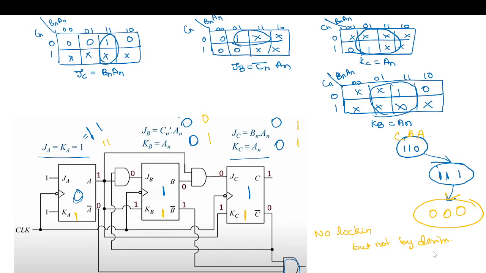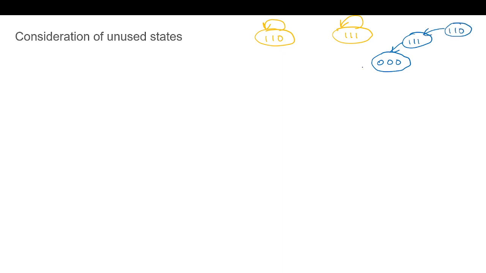Next we will consider what the lock-in states are. If we have say 110, it is retaining in the same state, or 111, it is retaining in the same state. These states we call lock-in states. Now in the design itself, if we want to consider this, we will want 111, 110 to go to the 0 state.